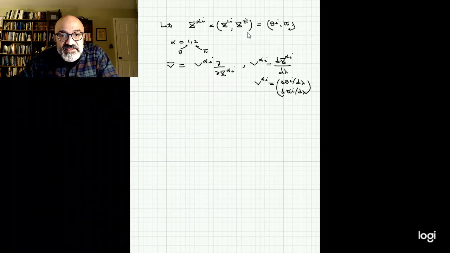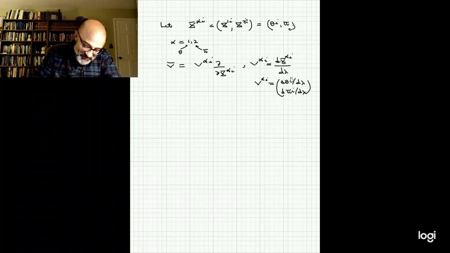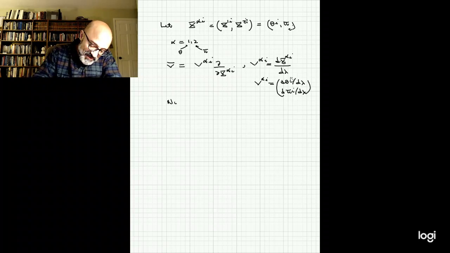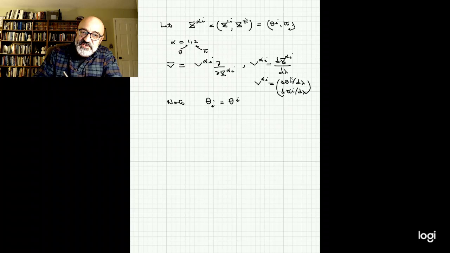Another little advantage of having this alpha here is that the alpha tells you whether you're dealing with theta, which has an upper index, or pi, being a covector, has a lower index. So by now, with this alpha, we keep track of which one is which, and so we no longer need to worry about which one is up or which one is down.